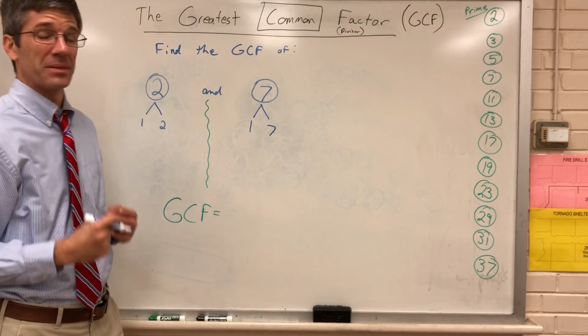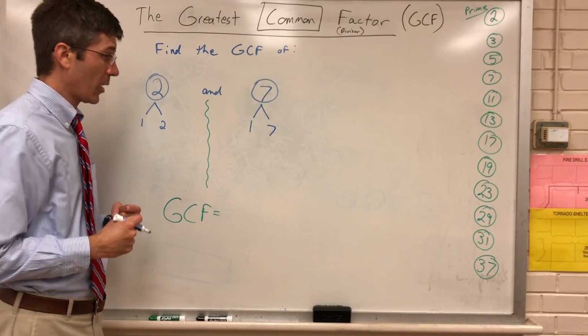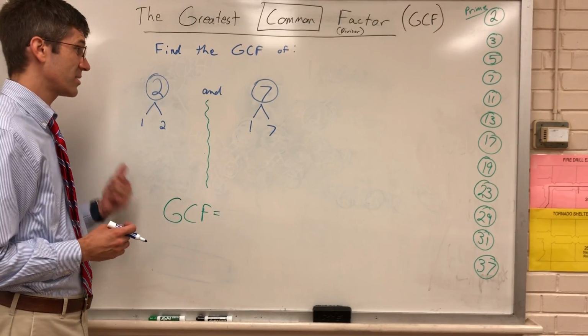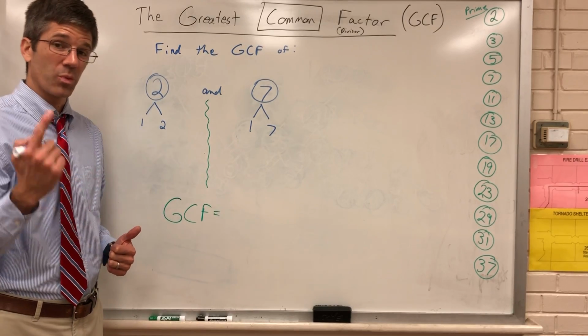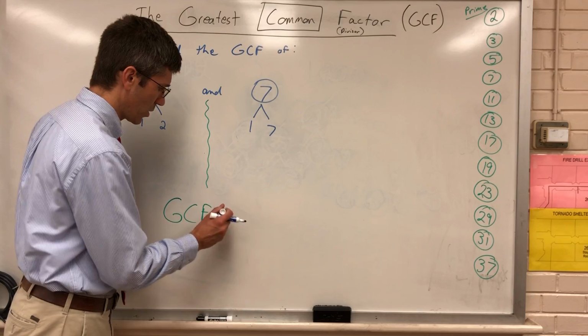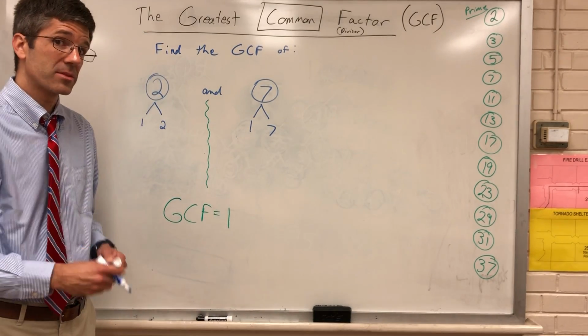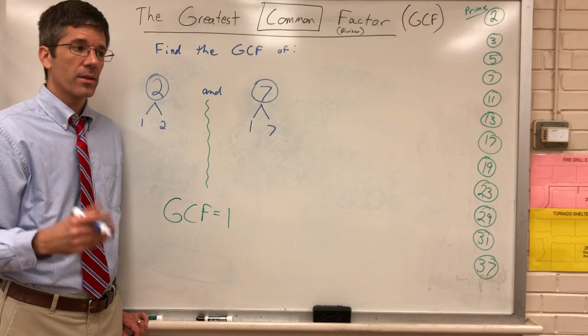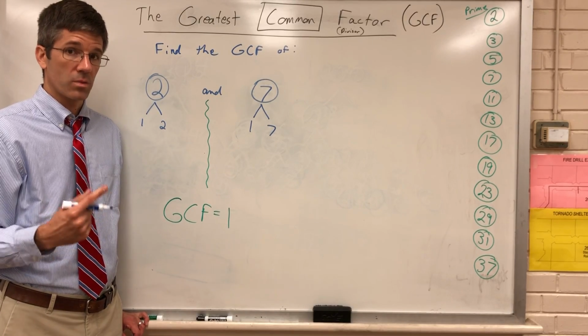I don't want to use that 1, but I have to. And now I look and I say, well, what do they have in common? The only thing that divides into 2 and 7 is 1. I mean, 1 goes into everything, right? So the GCF is 1. So sometimes, if they don't have anything in common, the greatest common factor is 1.